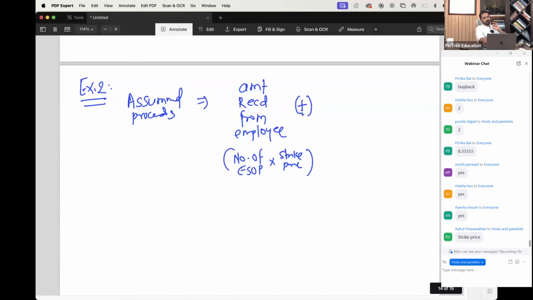At the end of year 1, I'm running a what if scenario. What if the options are exercised now? If the options are exercised at the end of year 1, will I incur any expense for year 2 or year 3? If the options do get exercised in year 1 itself, I'm running a what if scenario, no?